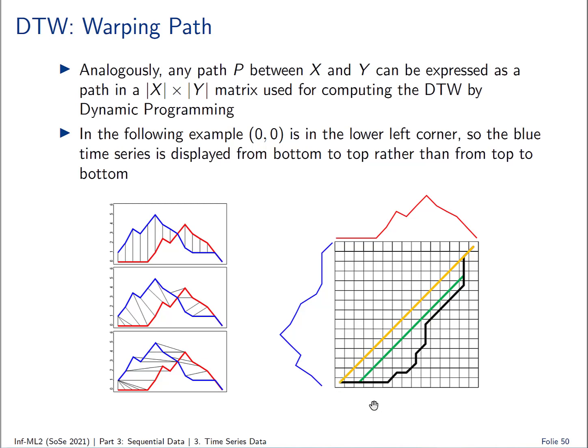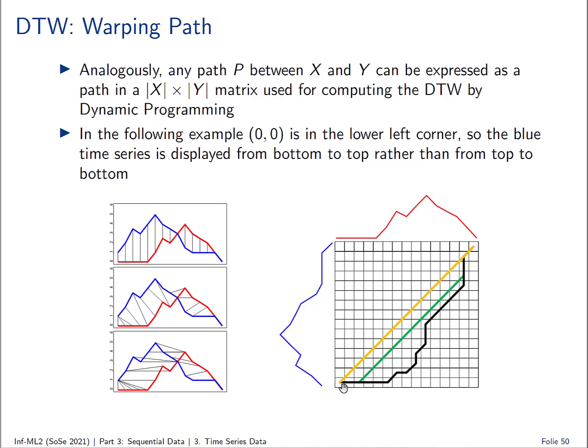So that also looks very similar to you. One caution here: the matrix for the optimal alignment now looks a little bit different, because in the edit distance we started at 0,0 top left and walked down to the lower right corner.